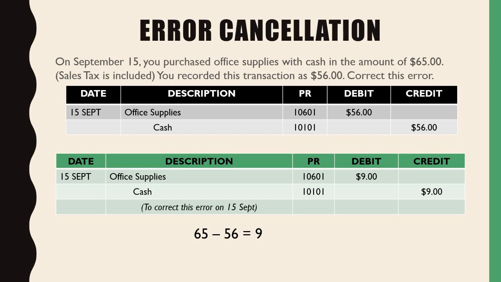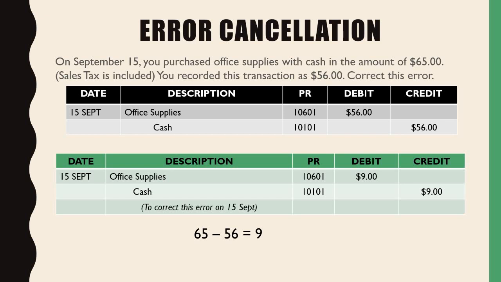I'm also short $9 in my cash, right? If I walked into the store and I had $70 in my pocket, since I had 65, I go out and buy the stuff, and then I look at my pocket once again. I only have $5. Where did my other $9 go?